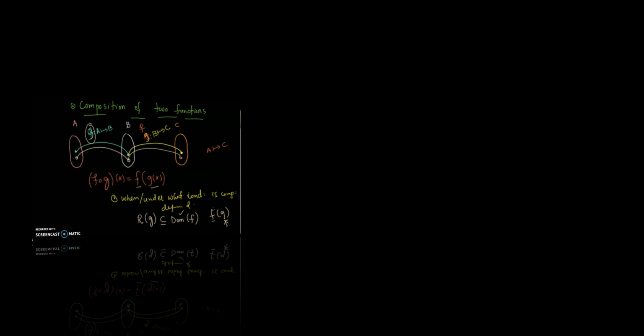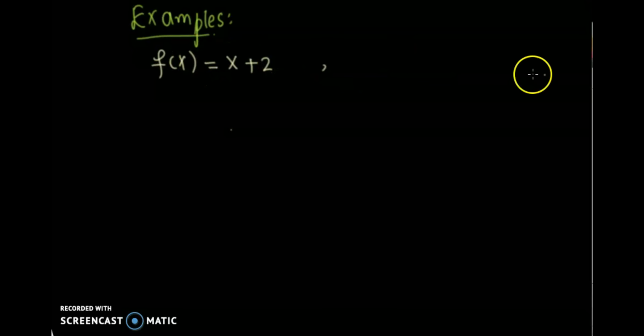So next, let's do some examples of composition of functions. Let's say we are given a function f of x which is equal to x plus 2 and another function g of x which is 4 minus x square. Then we could ask multiple questions.